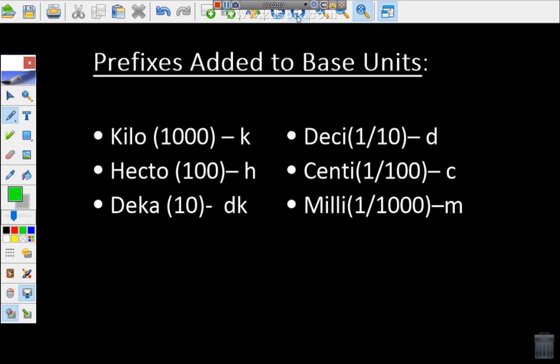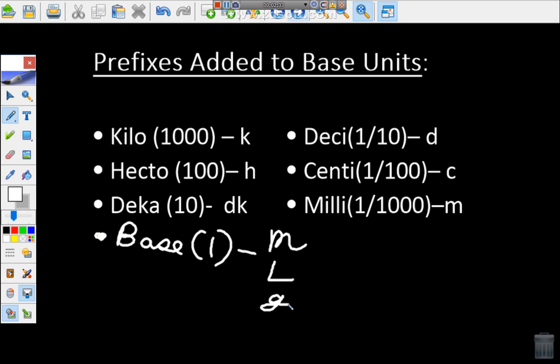Now the different prefixes that will be added to base units. We say we have base, which is 1, and our base units are the meter, the liter, and the gram.